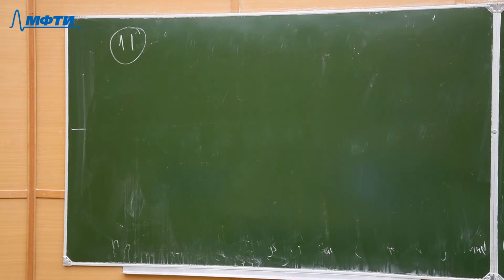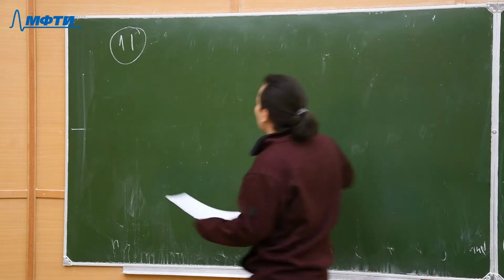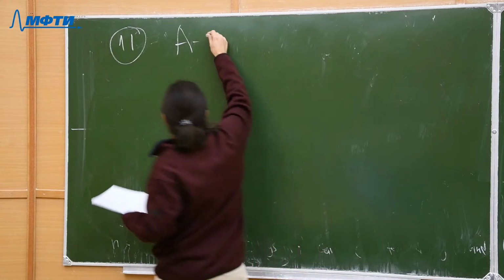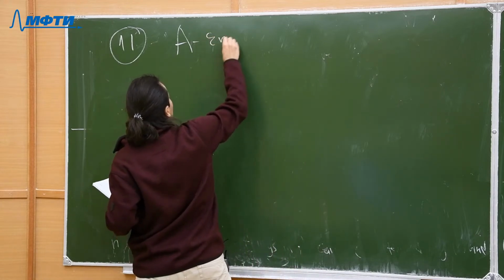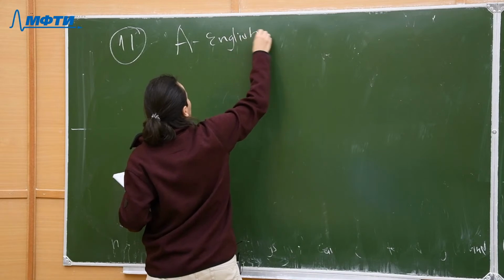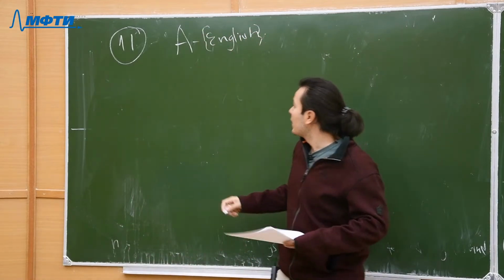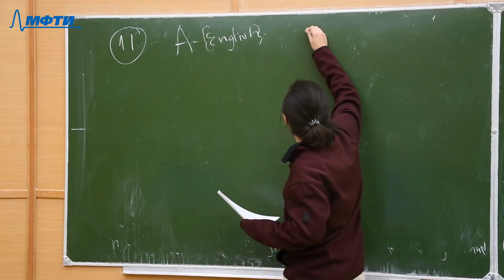Prove that the length of "student" is equal to 7. So we have an alphabet A. This is English, let's call it. So this is the letters in the English language, okay? And then we can construct the following string, student.